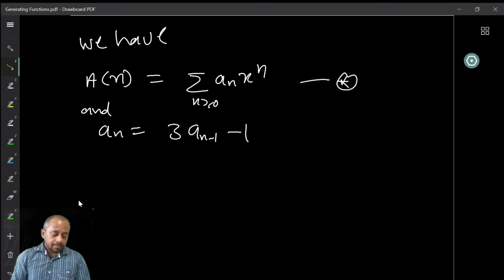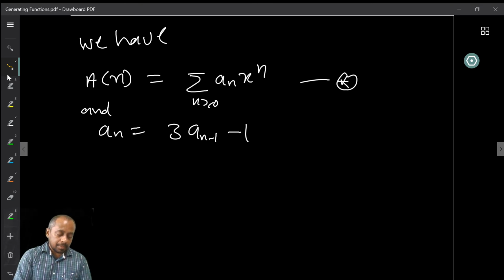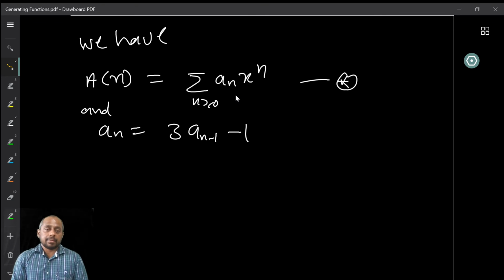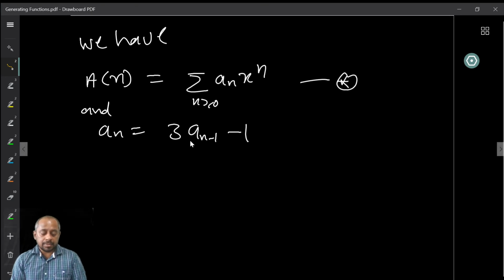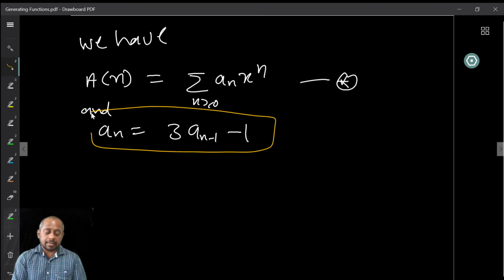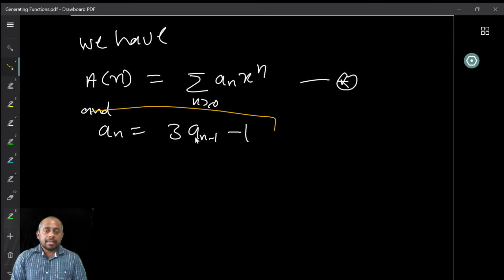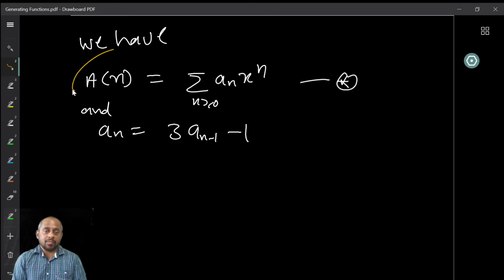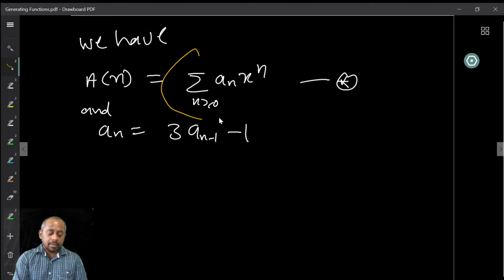Now, what we have here in this problem is that A(x) is equal to summation an into x raised to n. Then we know that an is equal to 3 into an minus 1 minus 1, right? This is what we already established, the recurrence relation. Now, we want to use this recurrence relation, which contains two unknowns, an and an minus 1, and try to write it in terms of one unknown, which is A(x). So A(x) is this entire series.